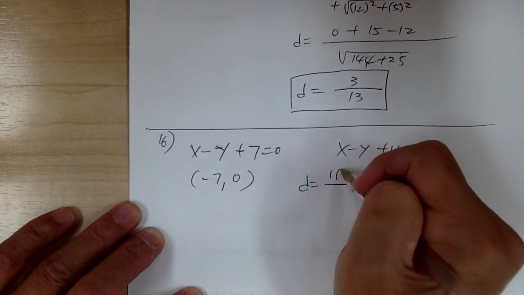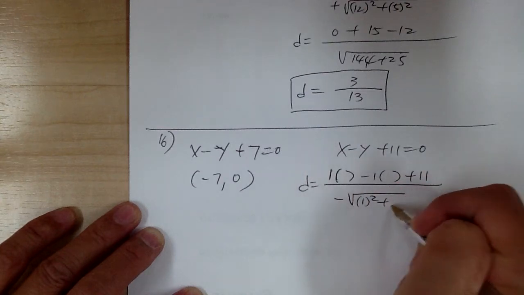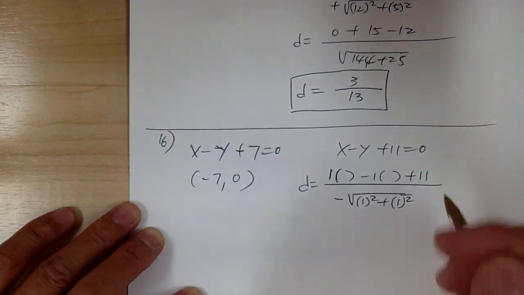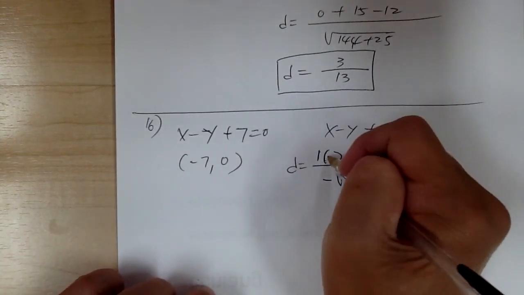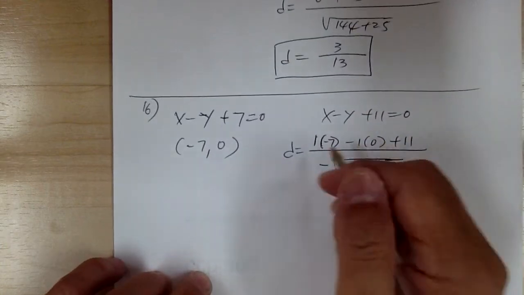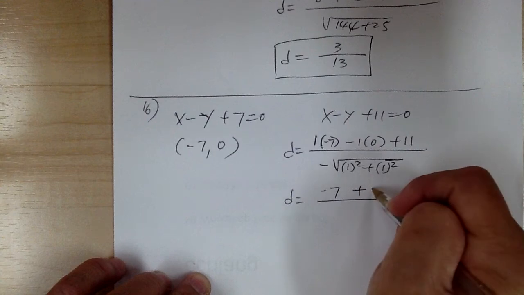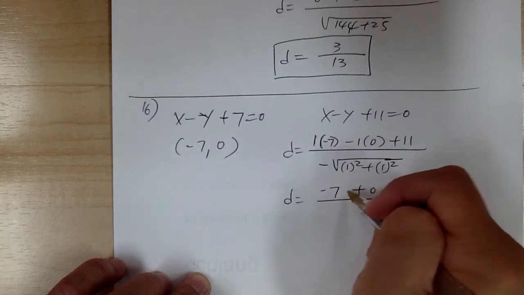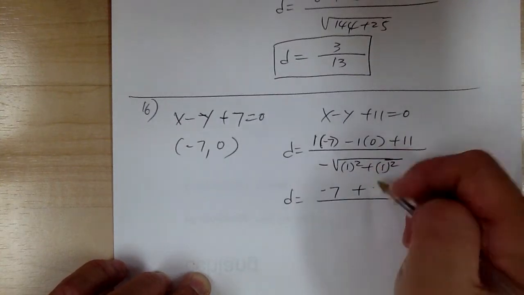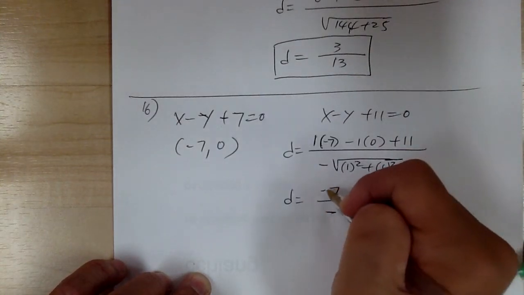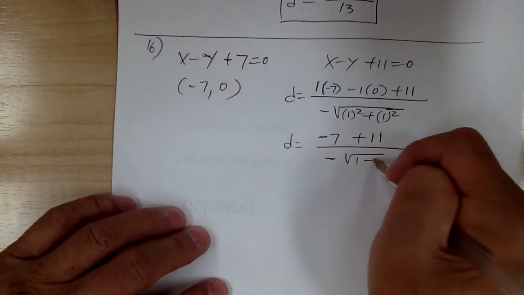Okay. So distance formula, so you get 1 times (x) minus 1 times (y) plus 11. On the bottom, I'm going to get negative square root of 1 squared plus 1 squared. And then you put the point in here, so it'll be negative 7, 0. So distance will equal negative 7 plus 0, well it's minus 0, so I'm not going to put a 0 in there, plus 11 over negative square root of 1 plus 1.